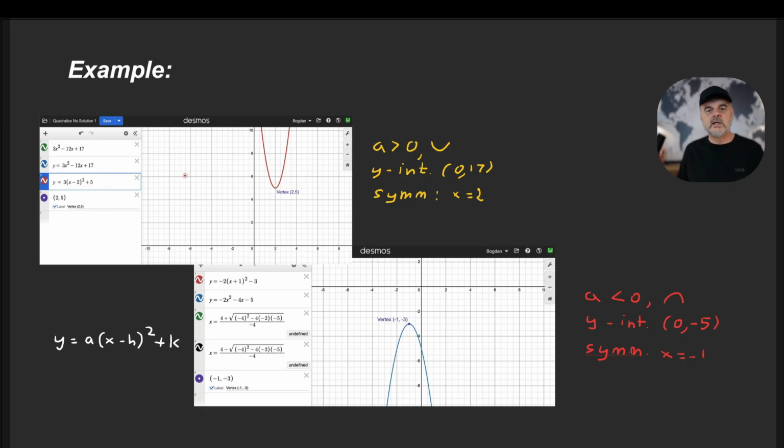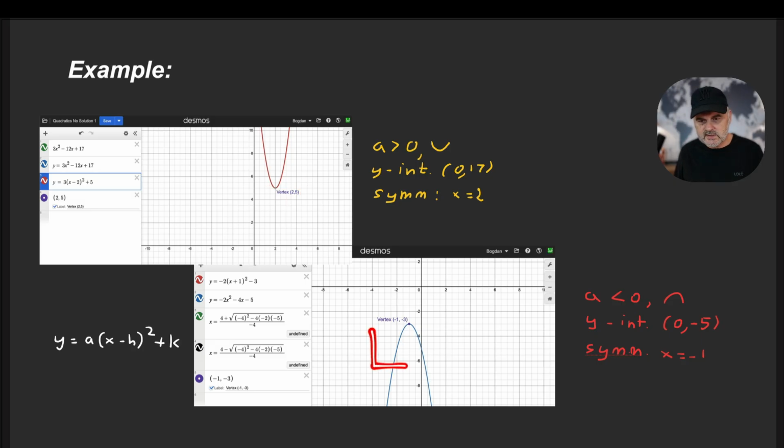The positive 3 tells me the parabola opens up, and the axis of symmetry is at x equals 2 because it coincides with the x coordinate of the vertex. And this point, the vertex, is the minimum value, the lowest point on the graph.